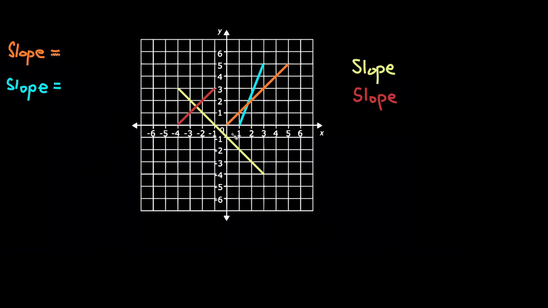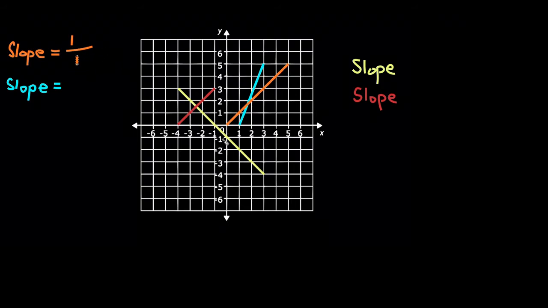So, looking at our orange line, every time I move 1 x to the right, how does y change? Y goes up 1. And so we would say the change in y over the change in x. So if y goes up 1, x changes 1.